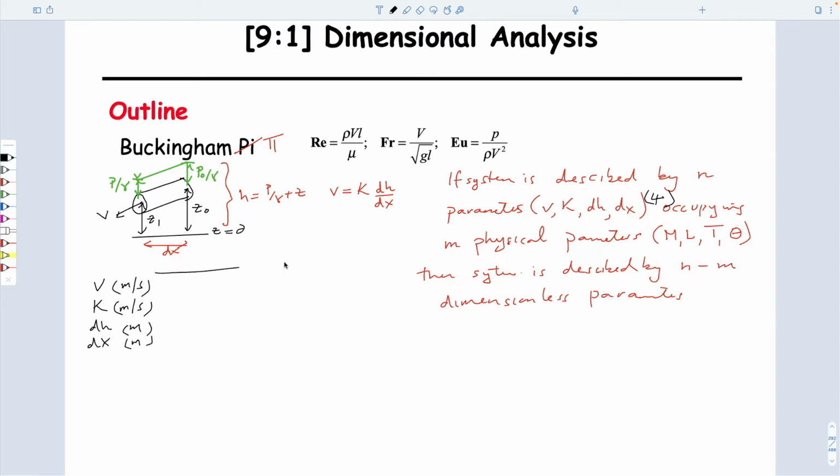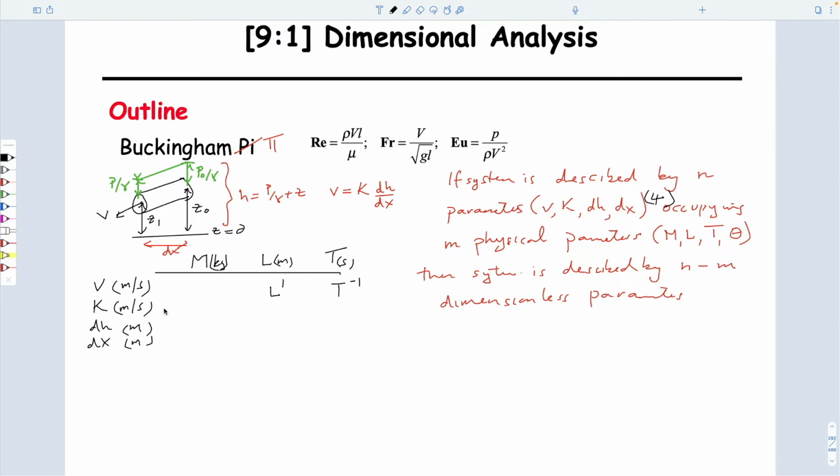And so what we'll ultimately do is divide these things into mass, length, and time, where you understand what these individuals are. Velocity is in units of meters per second, so that would be length to the power 1, time to the power minus 1.